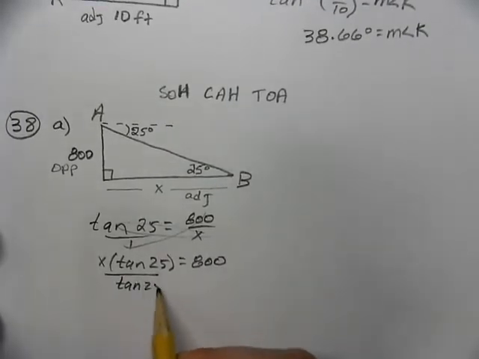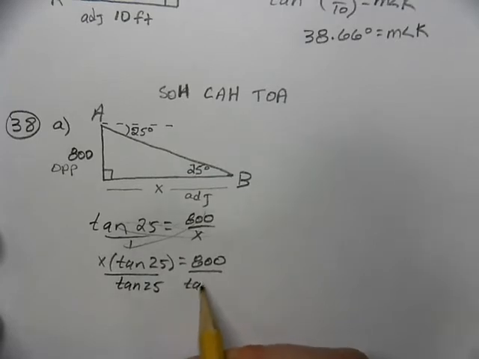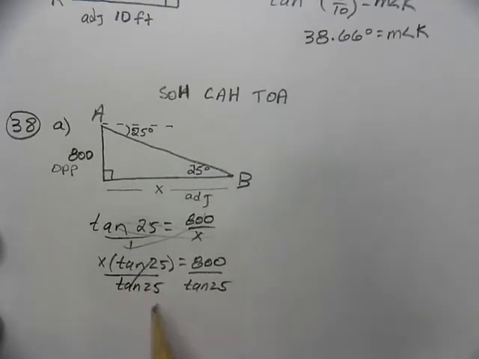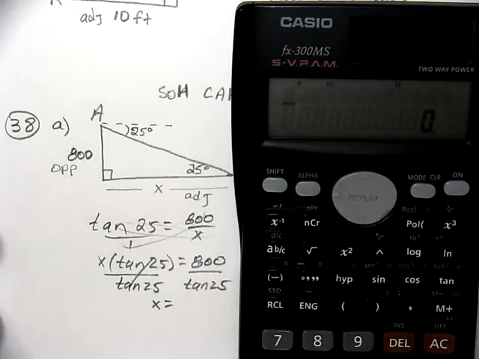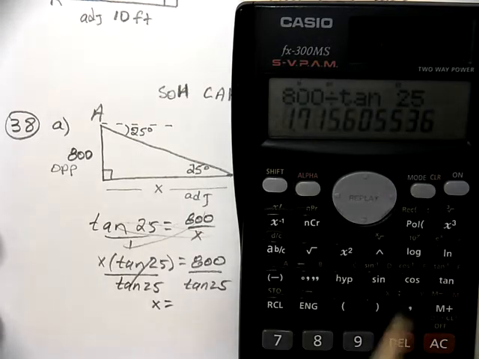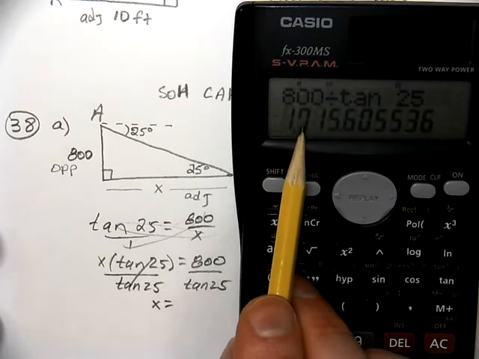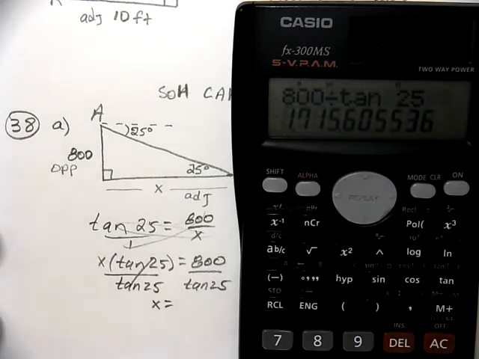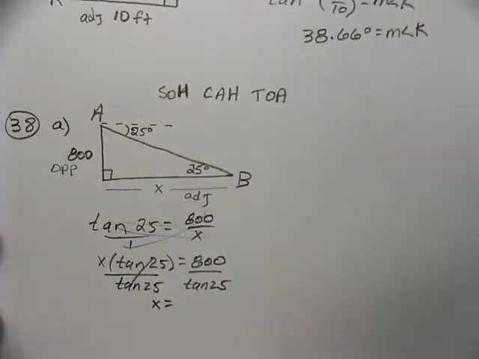Divide by the tangent of 25. So using our calculator, we're going to get 800 divided by the tangent of 25. So we get 1,715.6 feet.